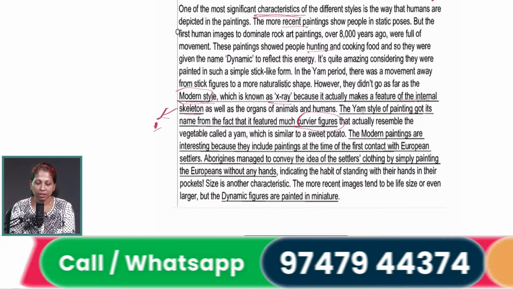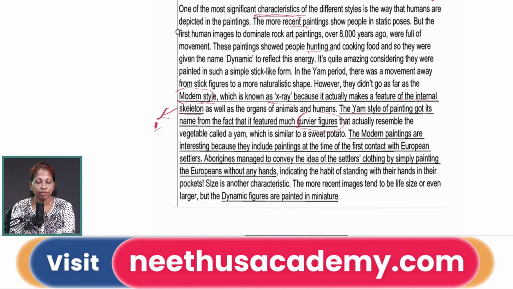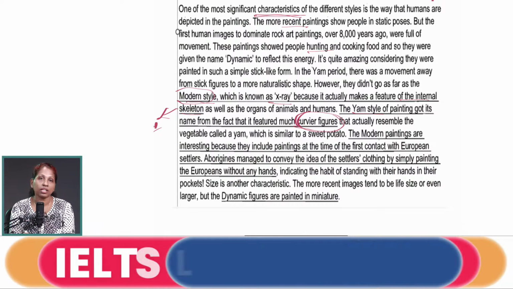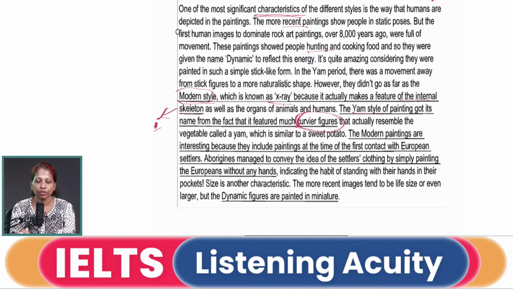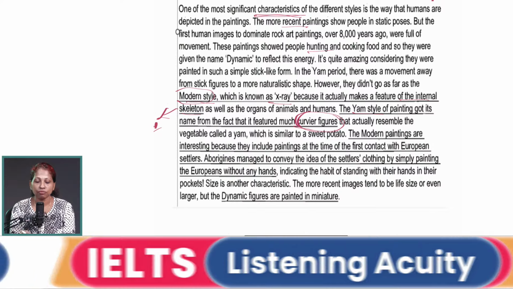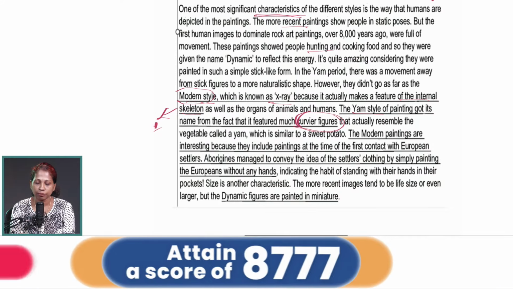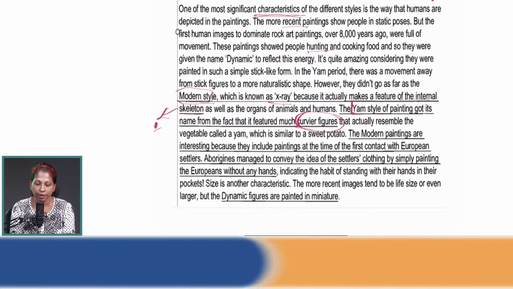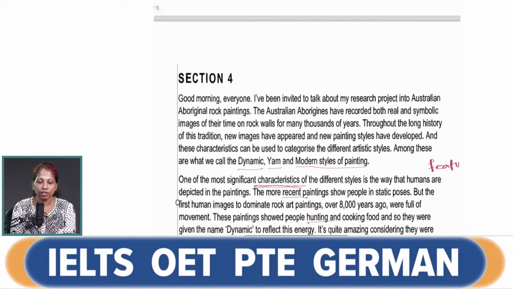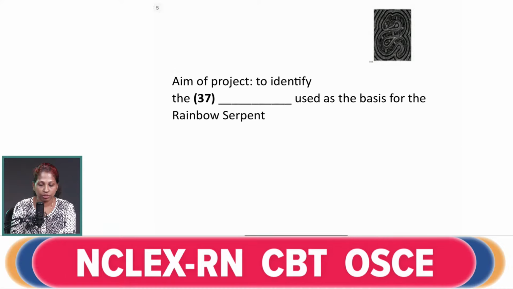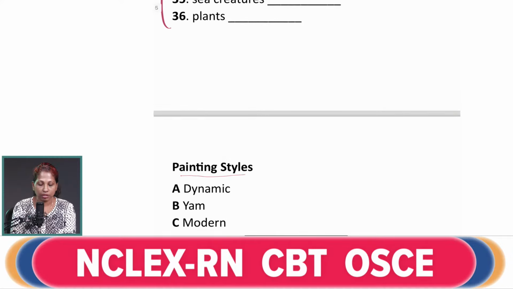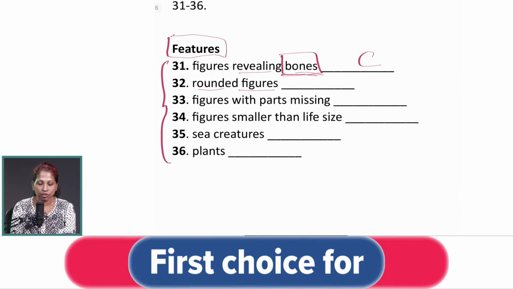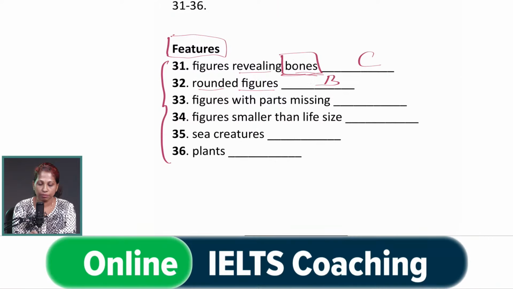So, this painting got the name because it features pictures which have much curvier, rounded figures. That's why it got the name of yam, which is a vegetable that looks like a big, round potato. This is the feature for yam style, right? So yam is option B, if I am not wrong. So the answer for 32 will be option B.